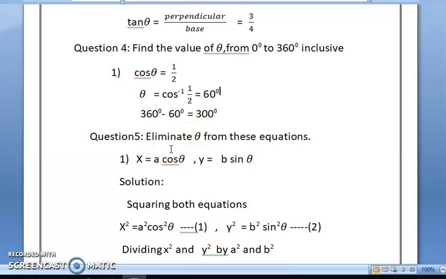For question number 5, eliminate theta from these equations. x is equal to a cos theta, y is equal to b sin theta.